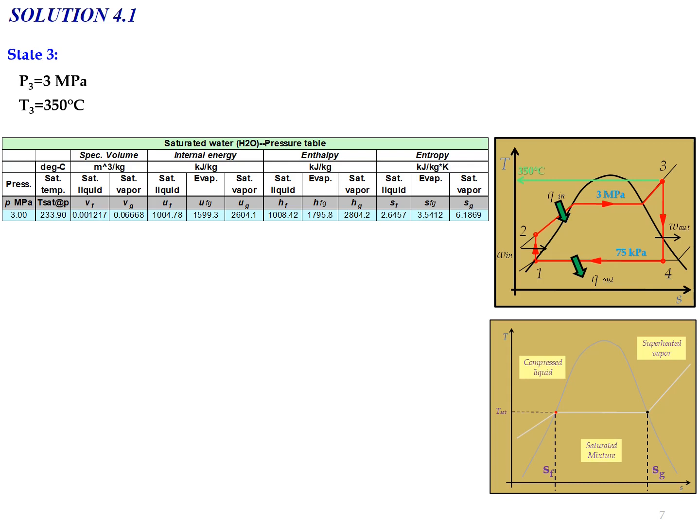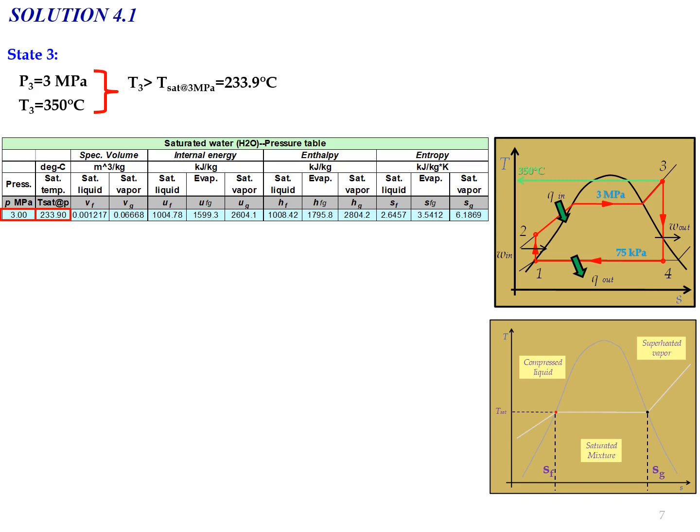Based on pressure P3 equal to 3 megapascal, T saturated at state number 3 equal to 233.90 degrees Celsius, and then we compare it with the given T3, which is 350 degrees Celsius.